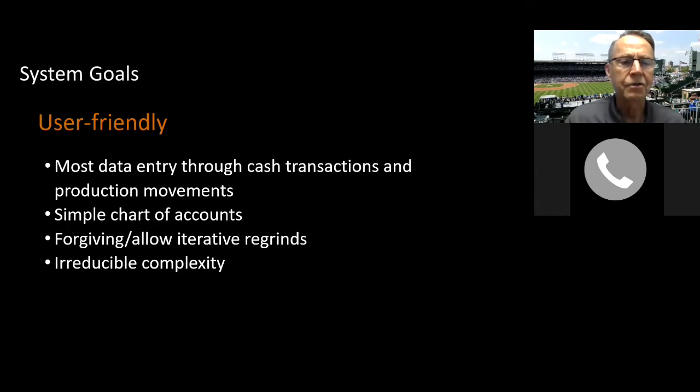Having said all that, we do hit irreducible complexity. There's several things going on behind the scenes. We don't want to force the data entry people to understand everything that's going on behind the scenes, but there is a lot of complexity to make this happen.